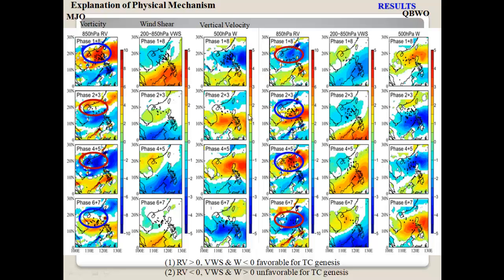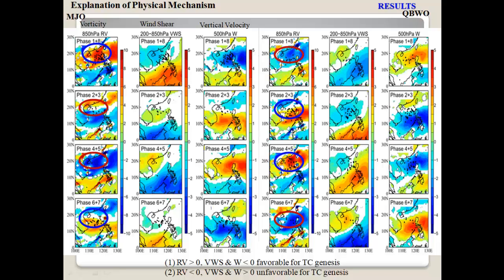And for vertical velocity, a positive value is downdraft, and a negative value, the blue color, means updraft. Updraft also is favorable for the convective system.